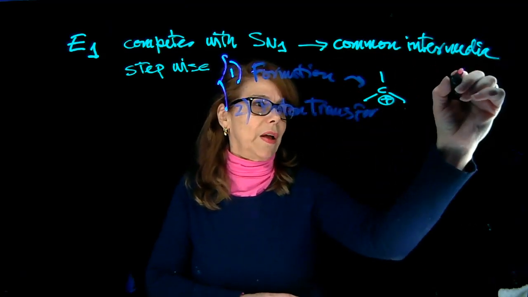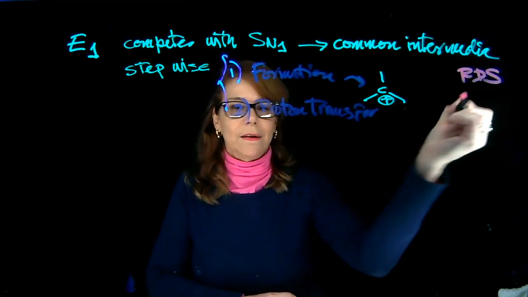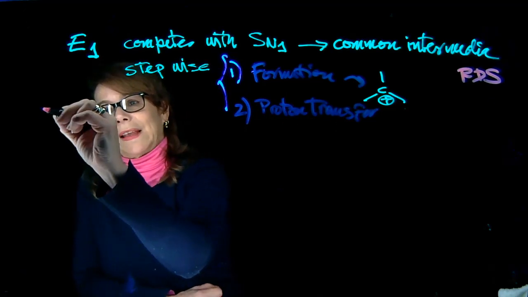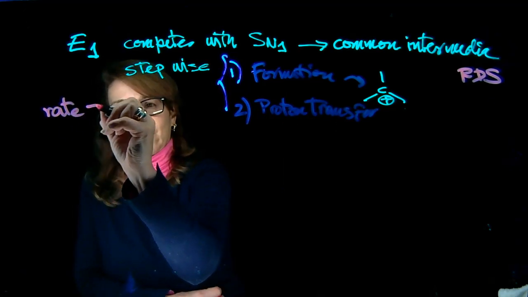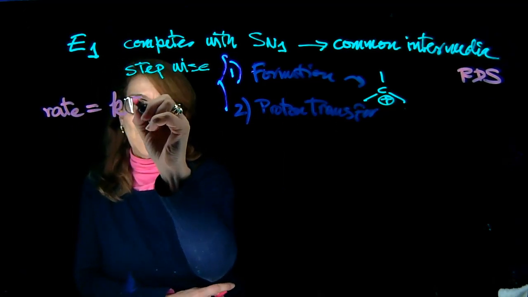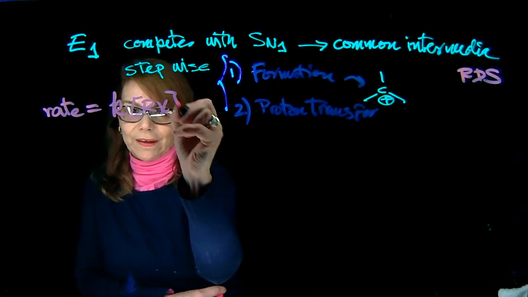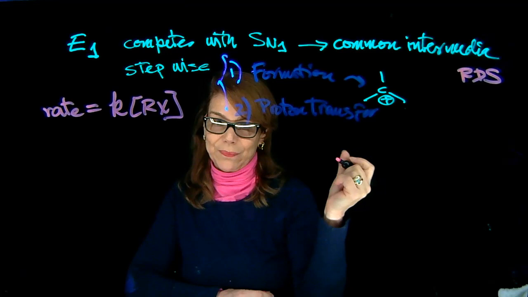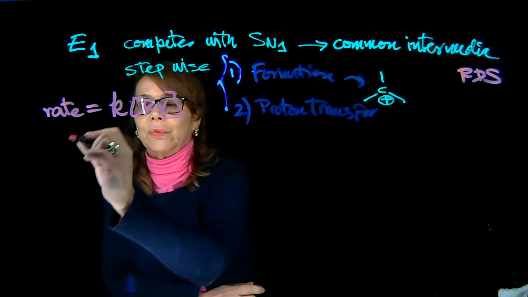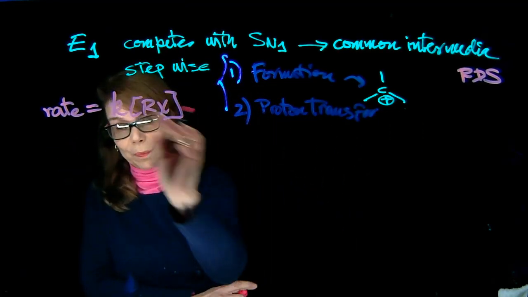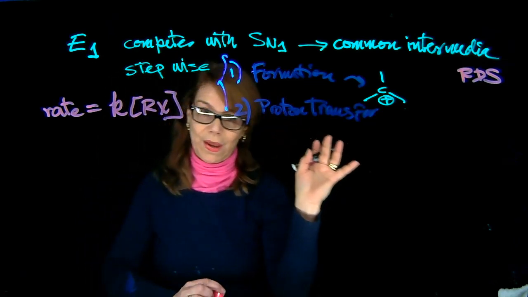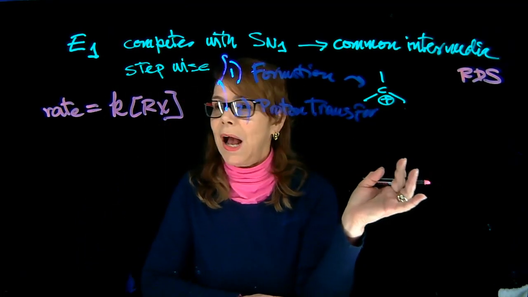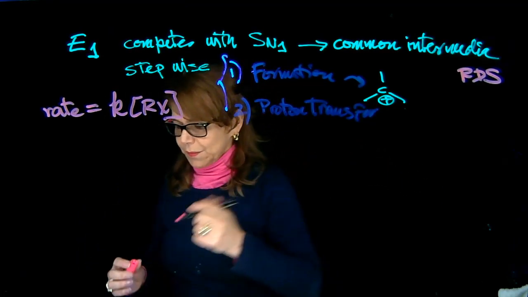So the rate law then only depends on the concentration of the substrate. This is identical to the SN1 reaction, and you cannot distinguish just by this rate law if you have an SN1 or an E1.